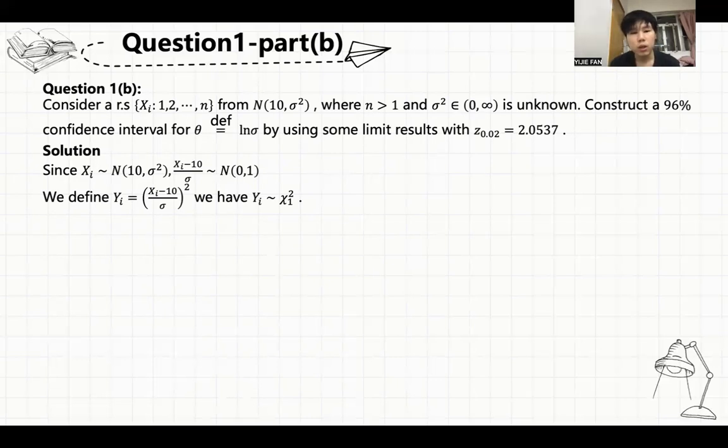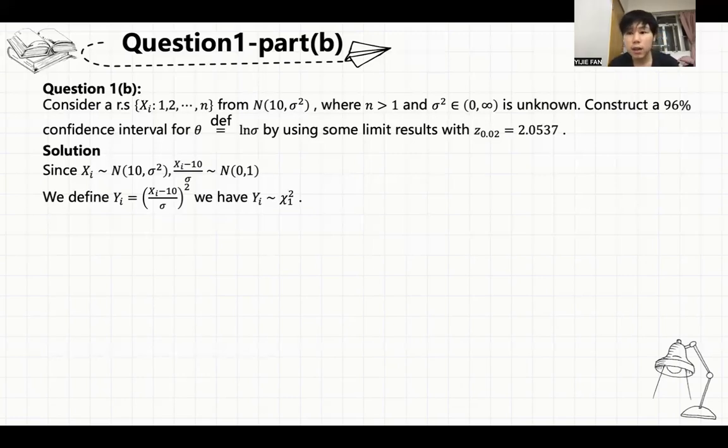So we transform Xi to a standard normal distribution, and then we define Yi, which is equal to Xi minus 10 over sigma, squared, and we get Yi obeys chi square distribution.